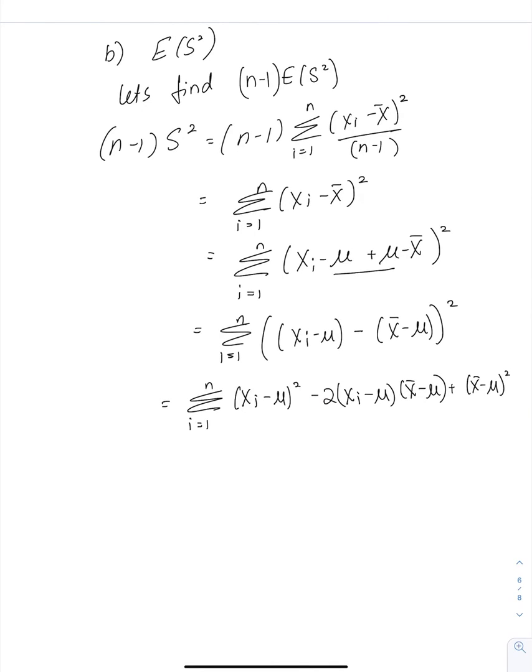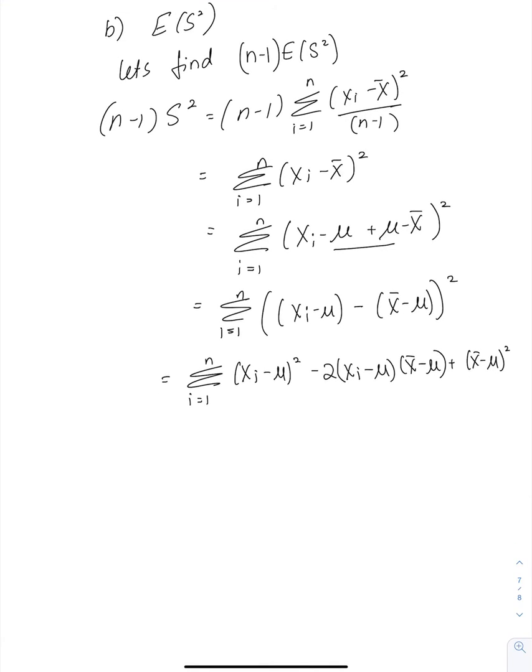All right, just rewrite this, split up this summation, and what do you have? The summation, i going from 1 to n, of xi minus mu whole squared, minus, now when I put the summation to this term, what do you know? This x bar minus mu has got nothing to do with i. It doesn't have a subscript i in it.